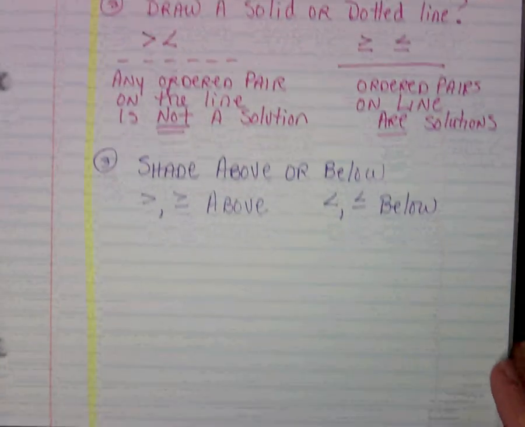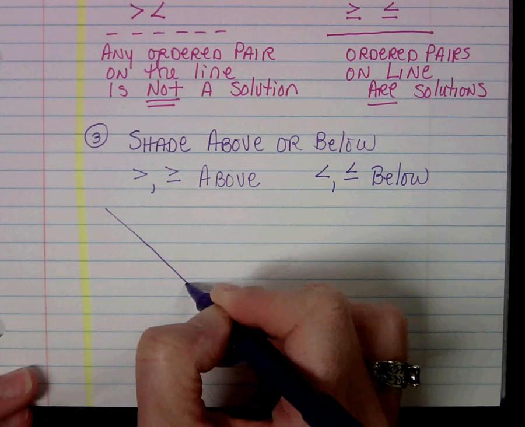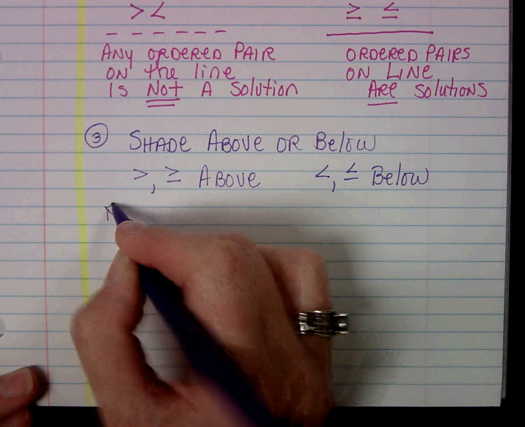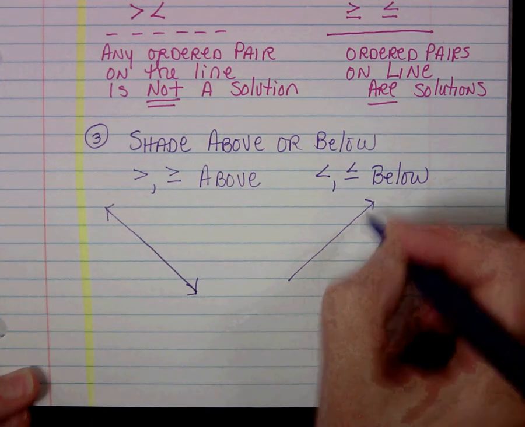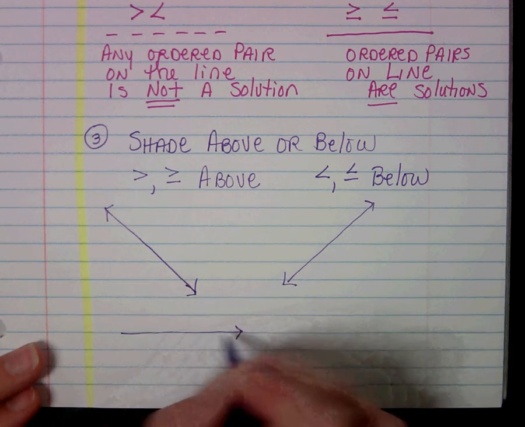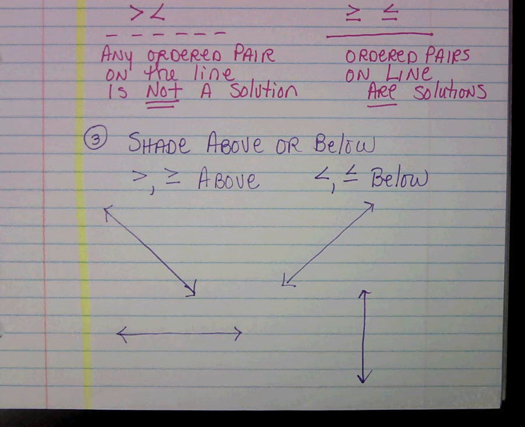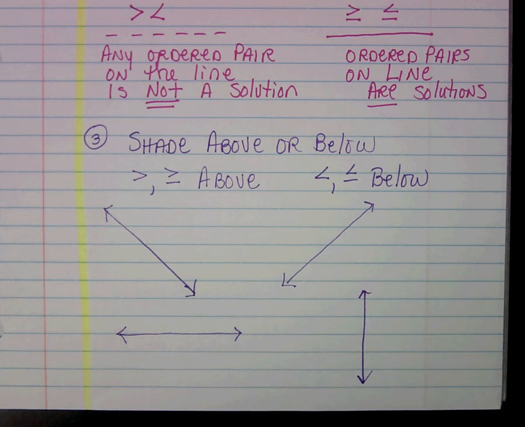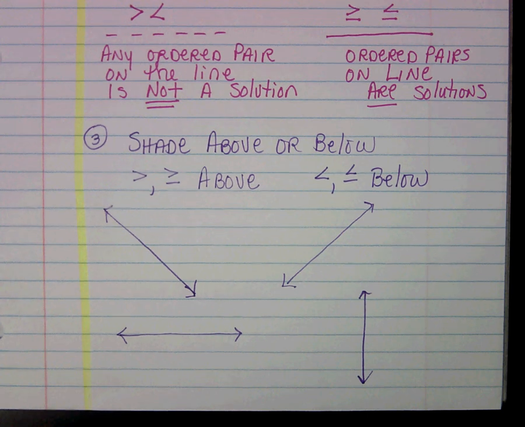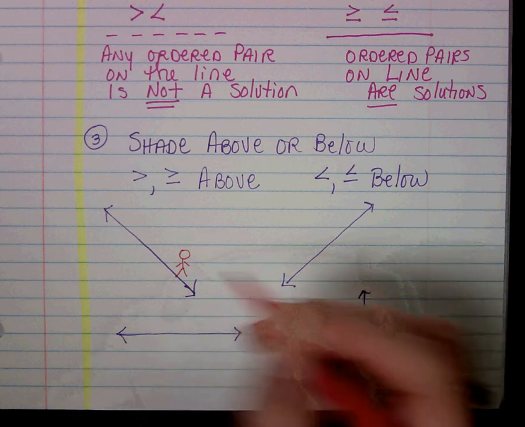Now I want to show you a couple of different examples because we can have a negative sloped line, a positive sloped line, a zero slope line, or an undefined or vertical line. Every one is a little bit different, so we really have to think about where is above and below. One little trick that I like to tell my students is think of your lines like stairs.